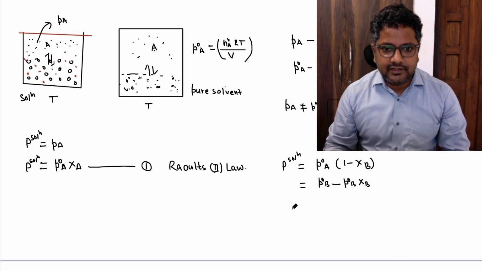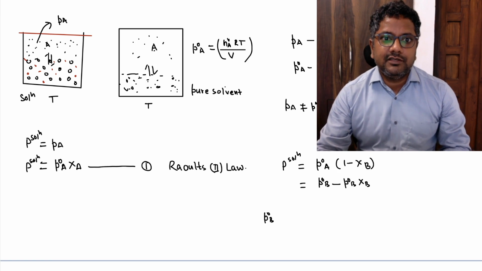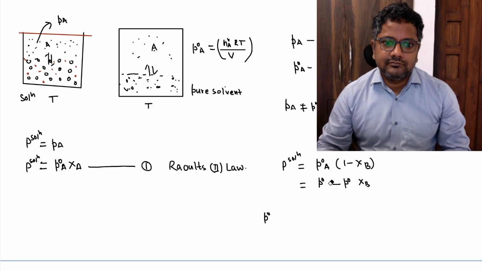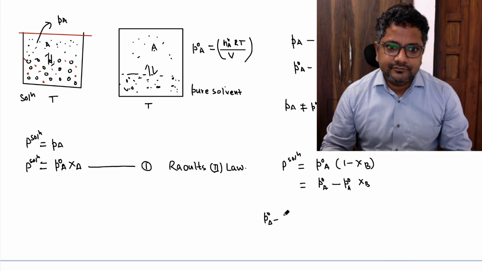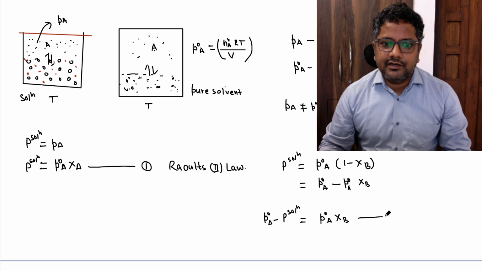So P naught A minus P solution is equal to P naught A XB. So this is a very important relation.